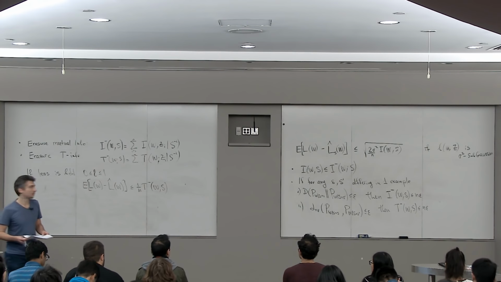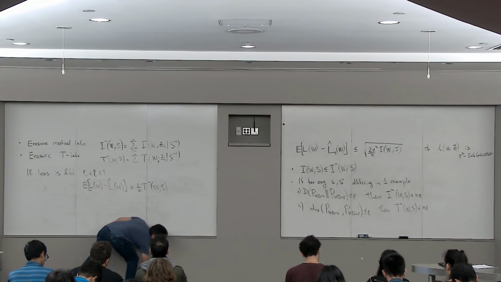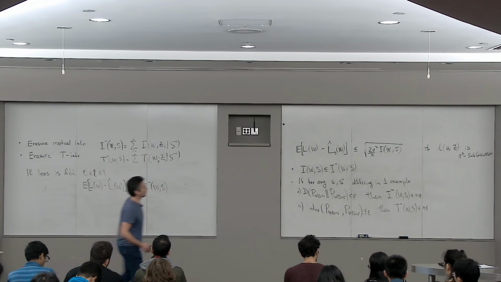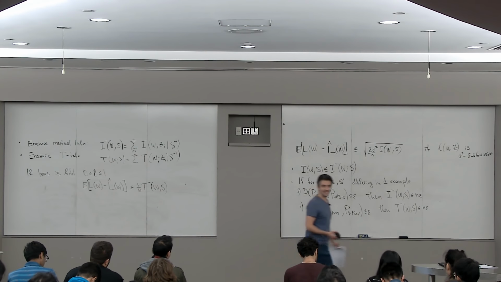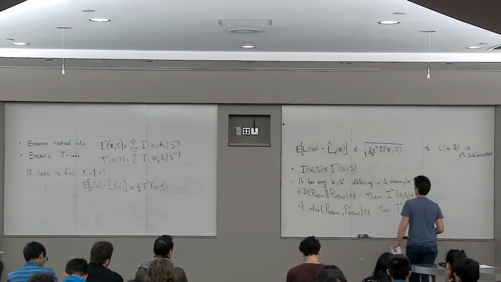Okay? So now you can say, well, you've showed us a bunch of abstract stuff, and you haven't shown us a single algorithm. So let me give you in the last 2 minutes an algorithm.